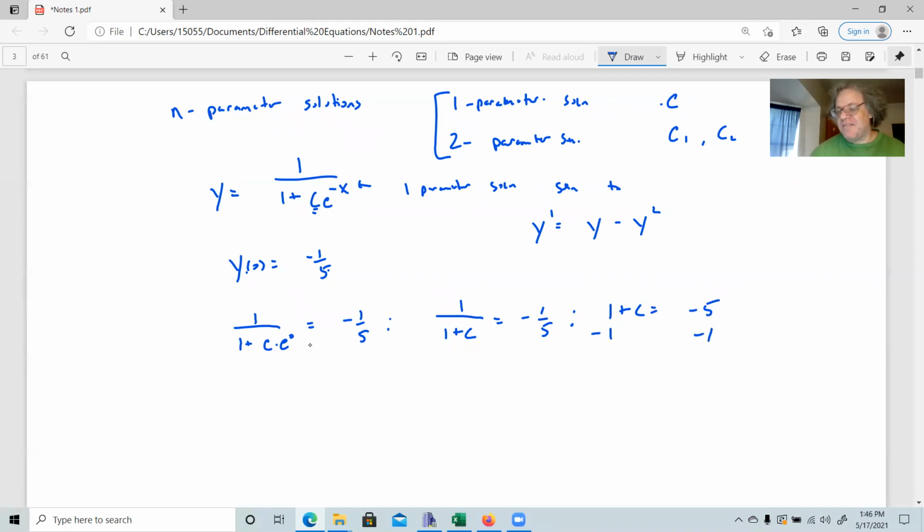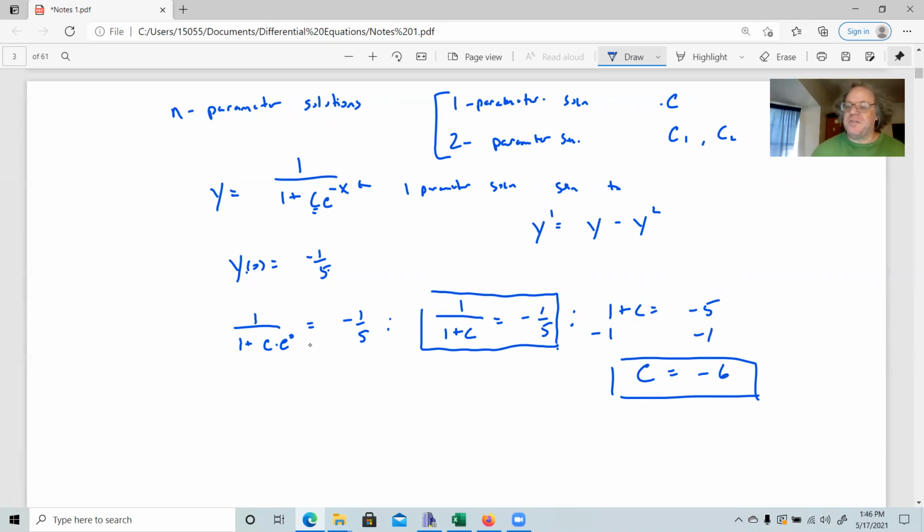Subtract 1 from both sides, we get c is equal to negative 6, and we're done. If you wanted to cross multiply that instead, you go right ahead and do that. Once we get to here, there are like 8 ways from Sunday to solve it. Pick your favorite one, okay? So that's all they're asking us to do for stuff like that when they say find the parameter.